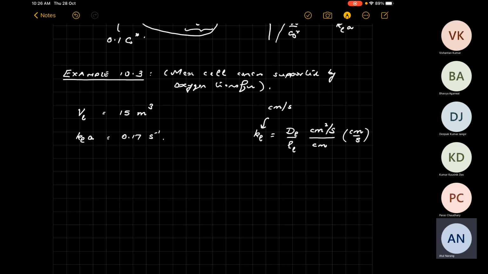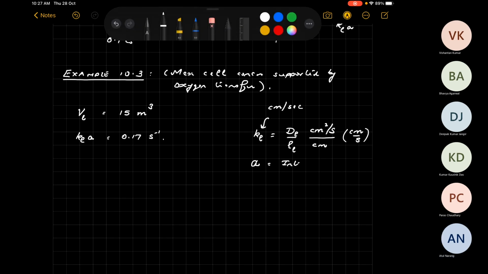But what we are looking at is not KL, but KLA, right? This is KL multiplied by A, the interfacial area per unit volume. A being interfacial area, I should just write the formula. This has units of interfacial area per unit liquid volume, so centimeter square per centimeter cube, which is 1 over centimeter.